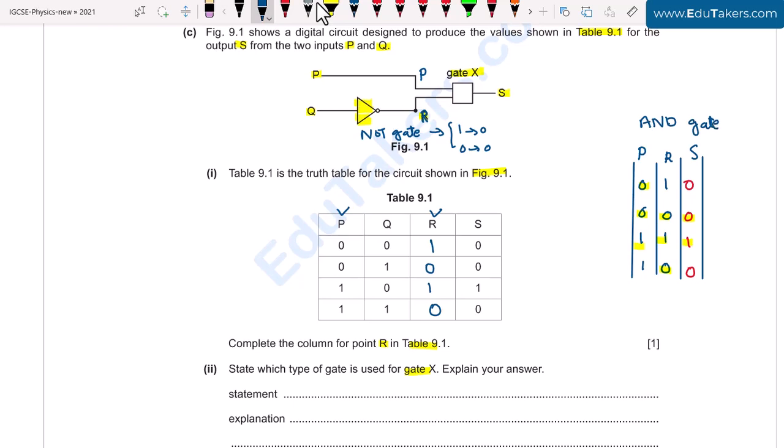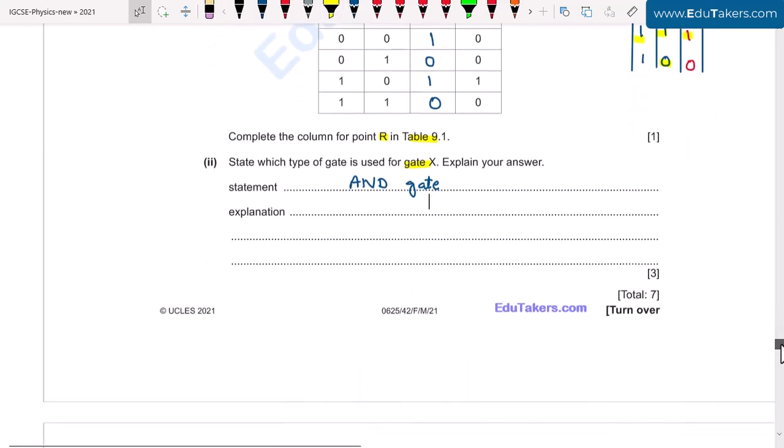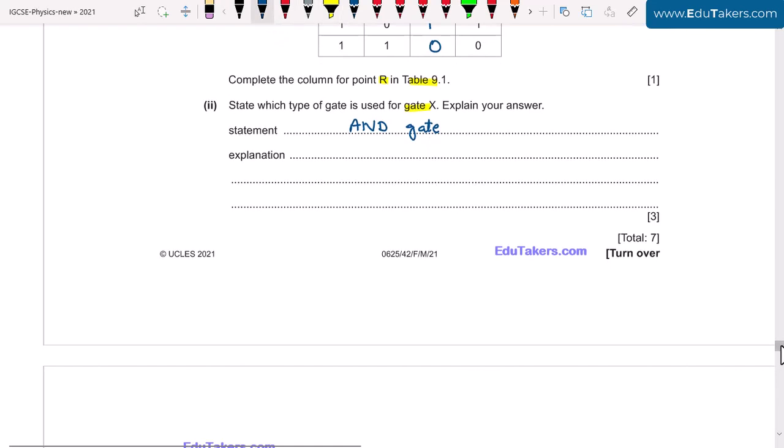So the gate that is used at the place of X is AND. So I write here in the explanation that when inputs are 1 and 1, the output is 1.